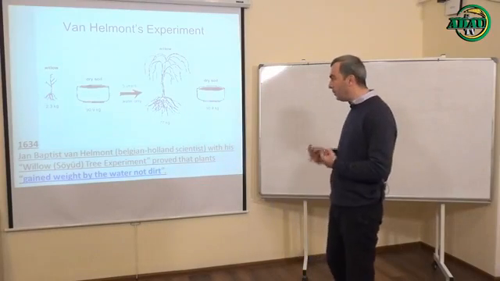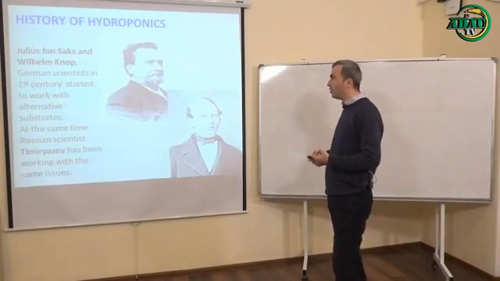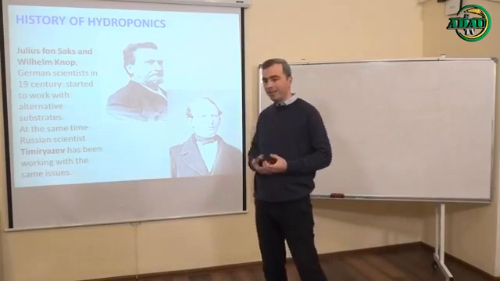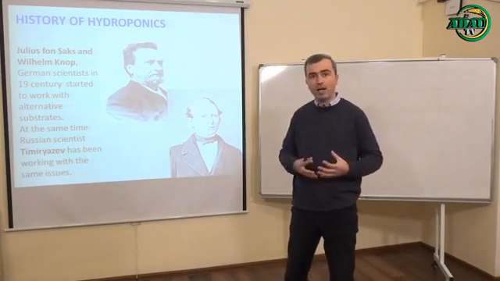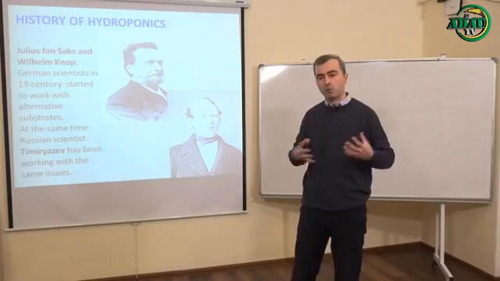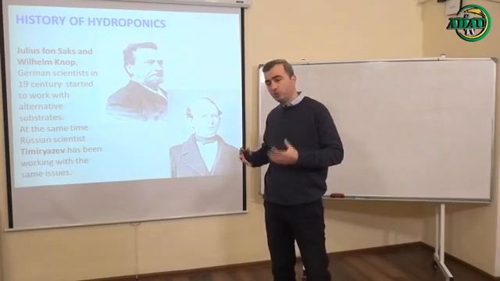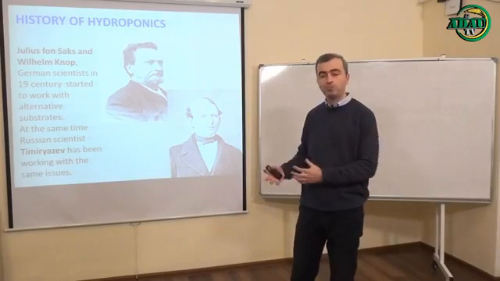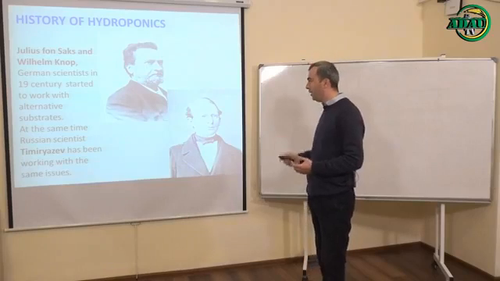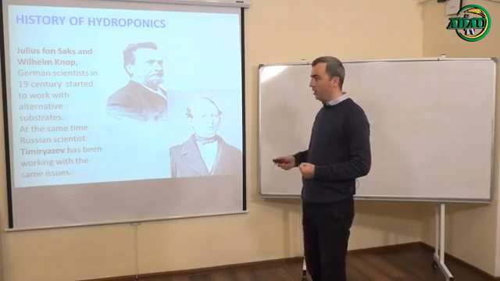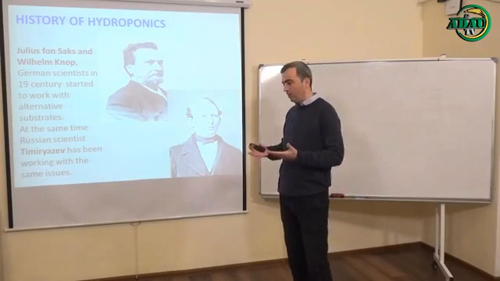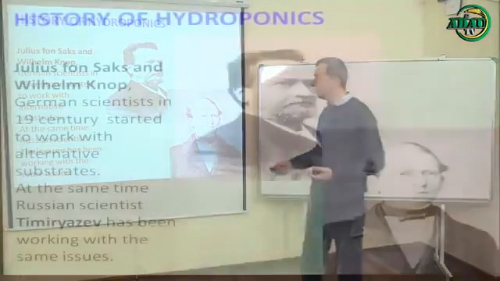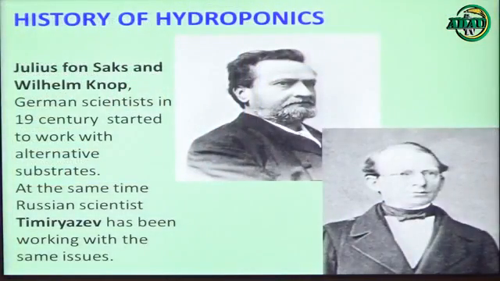So people over the years were trying to understand the relationship between water, nutrient-rich water, and the plant. A very big step towards present modern hydroponics was taken by two German scientists, Julius von Sachs and Wilhelm Knop.